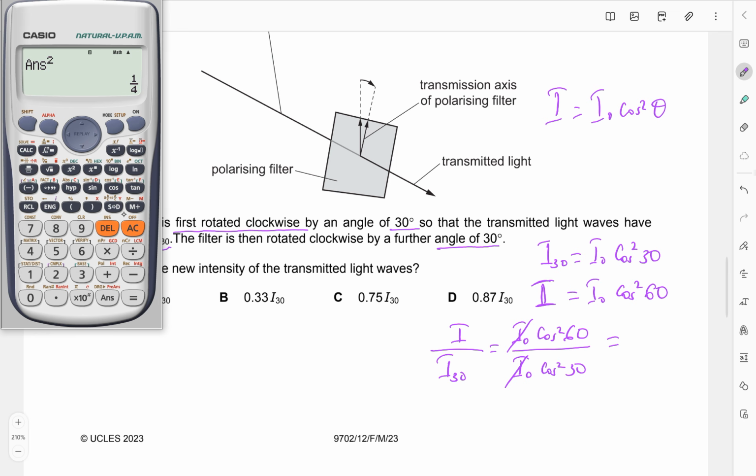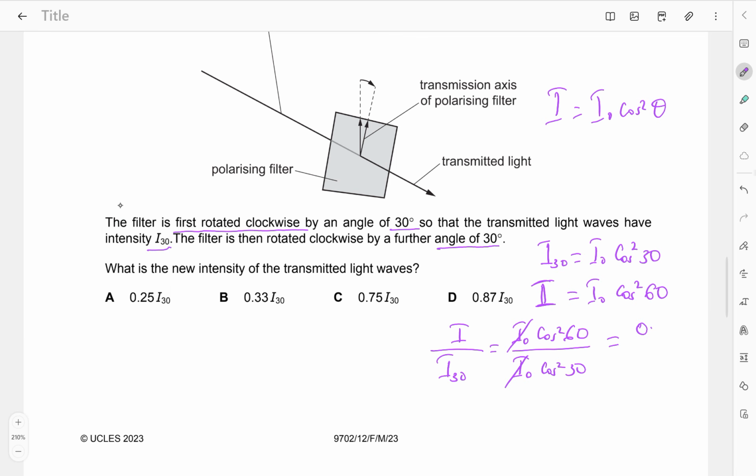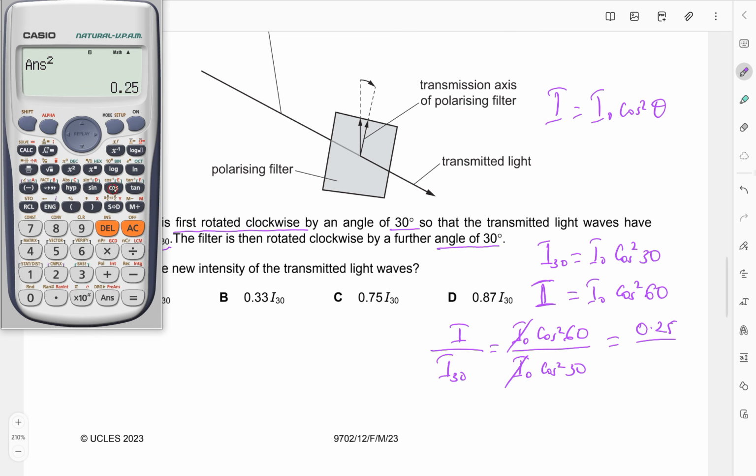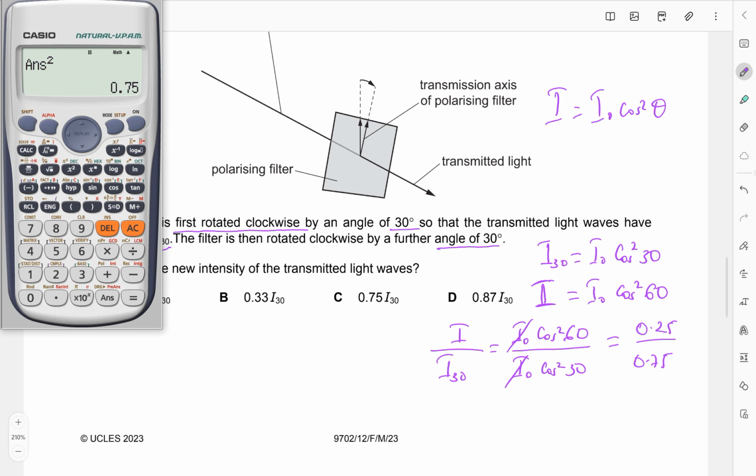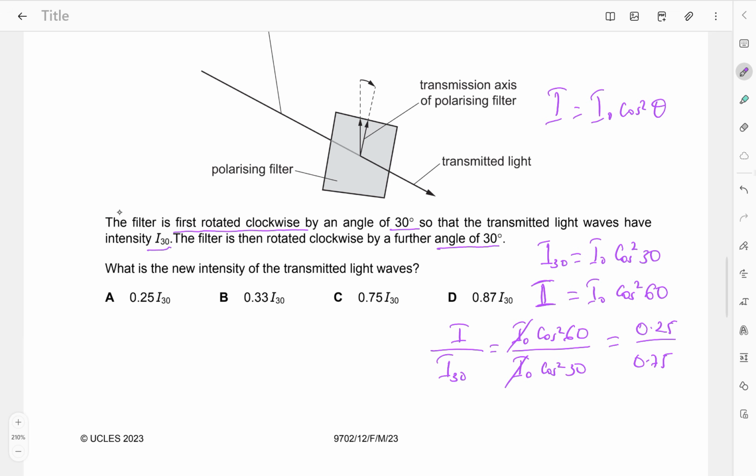It is a quarter, which is 0.25. So this is 0.25 divided by cos of 30, then I square, it is 0.75. Now I divide. So 0.25 divided by 0.75 gives you 0.33 recurring. So I is going to be 0.33 recurring times I30. So the answer is going to be B.